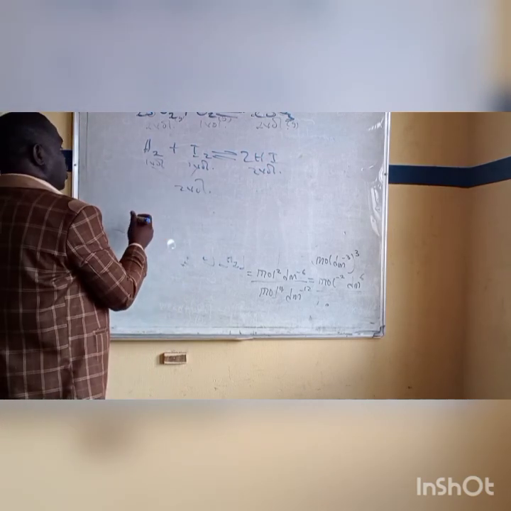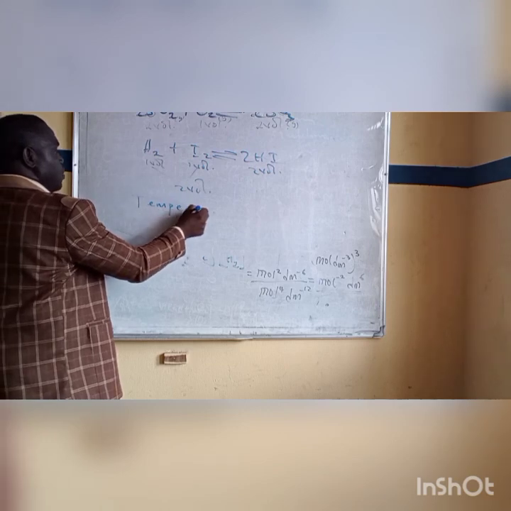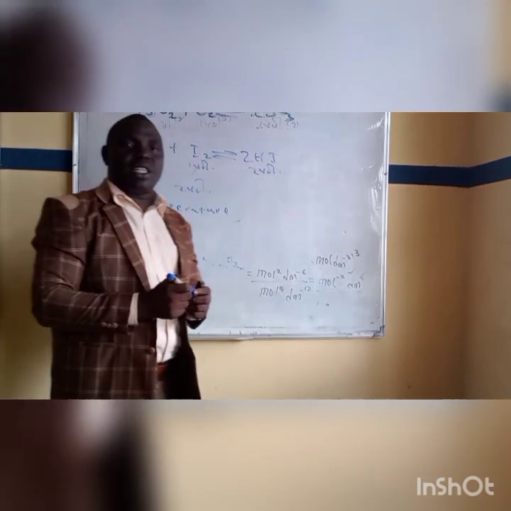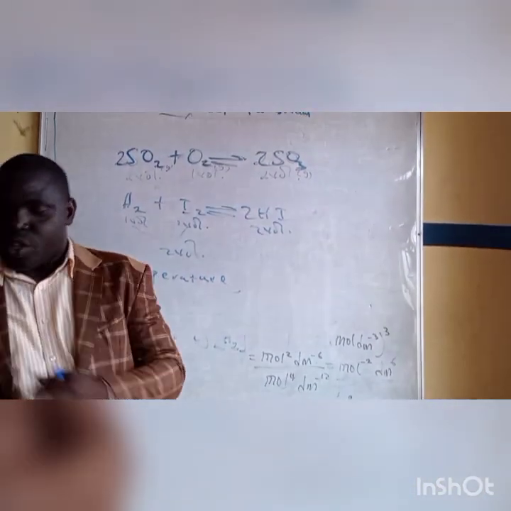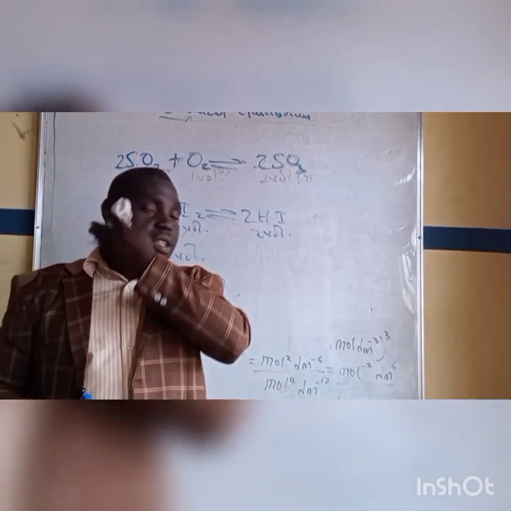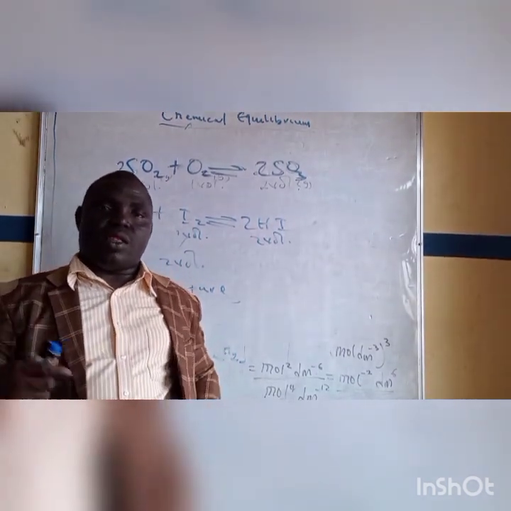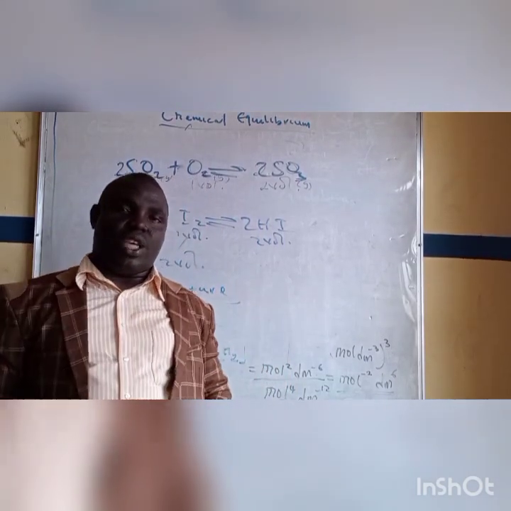So that's the pressure. Now coming to the last one called temperature. Now we cannot talk about the effect of temperature without first understanding what is called exothermic and endothermic reaction. An exothermic reaction is a reaction in which heat is lost into the surrounding.